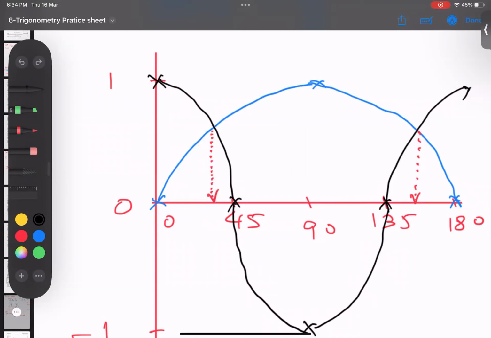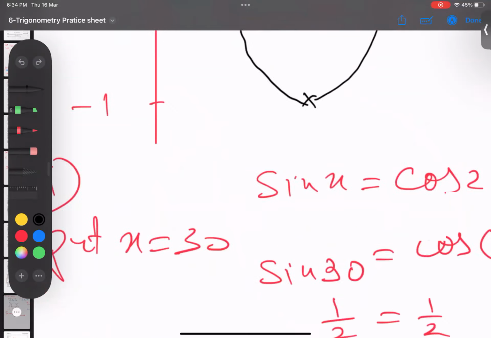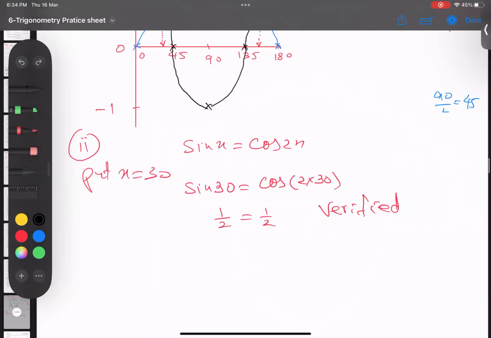Now I can convince my examiner: I move from here 30 degrees forward, and from 180 degrees, I have to move 30 degrees backwards. That is why I have the second answer. So I'm writing here, the second answer which I'm getting, so the second root. From 180 degrees, subtract 30, I got 150 degrees, the second root.